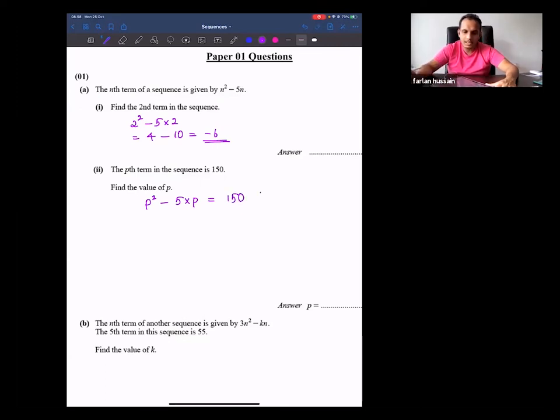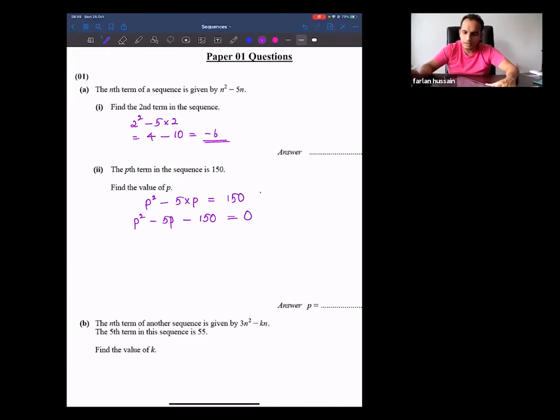So now this is leading to a quadratic equation, which we have to solve and find the p. So that is p square minus 5p, and you bring this 150 to the left, which is minus 150, that is equal to 0. So it's a quadratic equation. How do you factorize it?